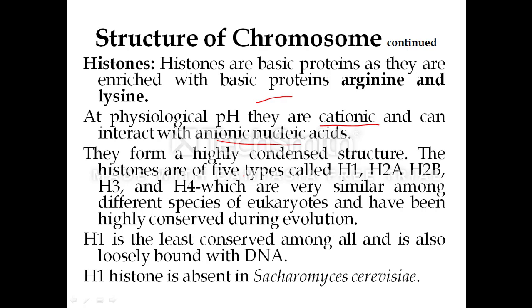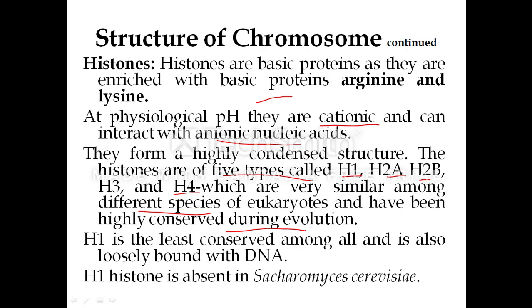The histones are of 5 types called H1, H2A, H2B, H3 and H4, which are very similar among different species of eukaryotes. That means they have been highly conserved during evolution.